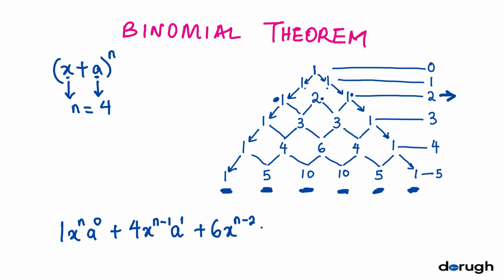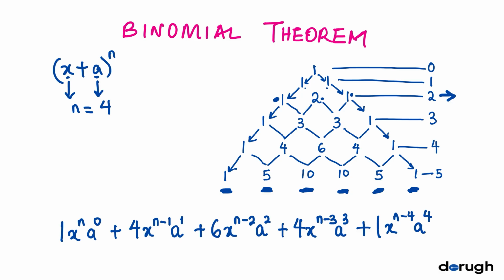And then a power 2. Next is 4. We write our x. We have n minus 3. And then we have a power 3. And last, we have 1 again as the coefficient. We have x power n minus 4. And then we have a power 4.